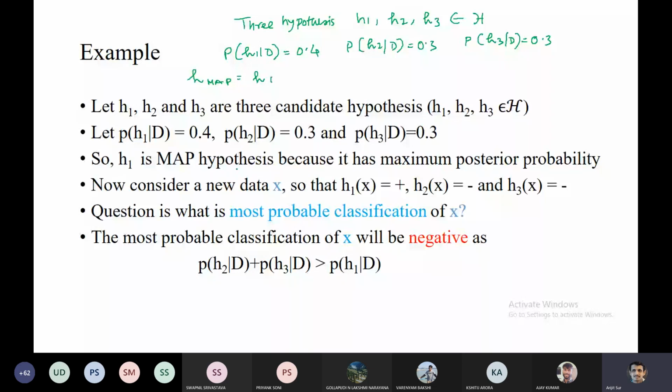But now consider a new data X. H1 of X gives plus. That means the hypothesis function H1 gives plus for it. So the idea is this.